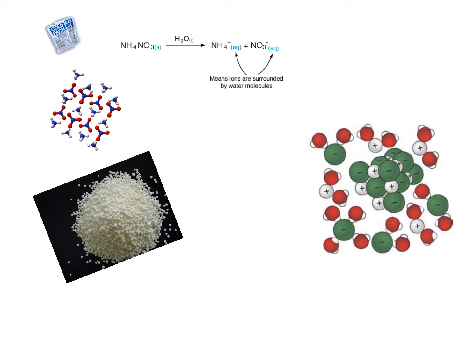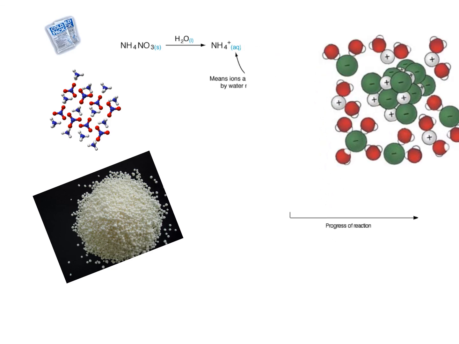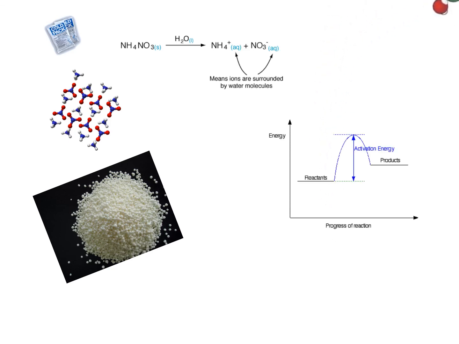And so if we take a look at the energy diagram for this process, we have this reactant with very low potential energy, nice stable compound with strong bonds. The activation energy, the energy to get this reaction going, is going to be pretty high.